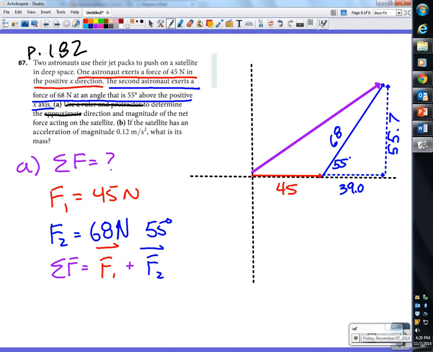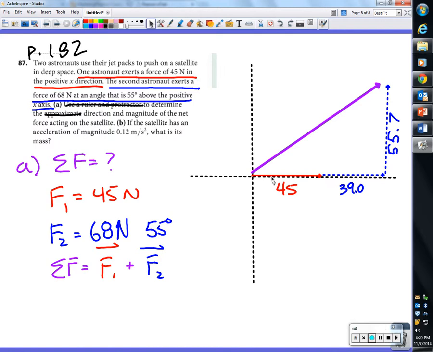So that's what I got for the two components of that triangle. Remember though, finding component vectors, the component vectors are the equivalent of the vector itself. So finding the two component vectors is the equivalent of removing that from the drawing, along with 68 and 55, and replacing it with those two vectors.